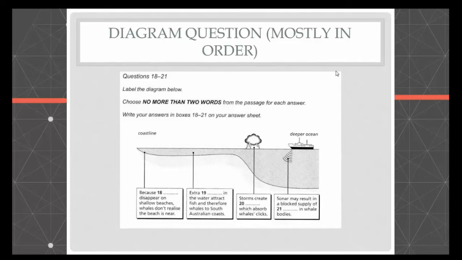So it's basically a fill-in-the-blank question. But you have to be aware that a diagram question does not have to go in order. It's possible to find the information for number 19 before you find the information for number 18. All right? But you handle it like a fill-in-the-blank question in terms of strategy, in terms of looking at the keywords in the question, and then locating those keywords in the passage, and then finding the correct answer choice.